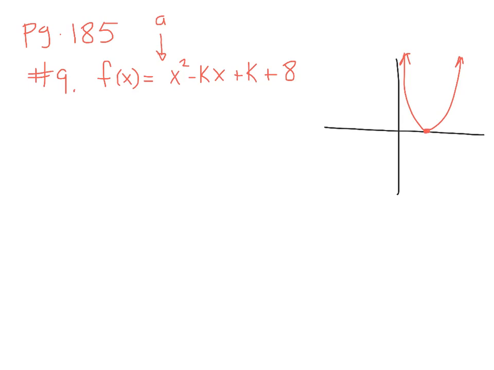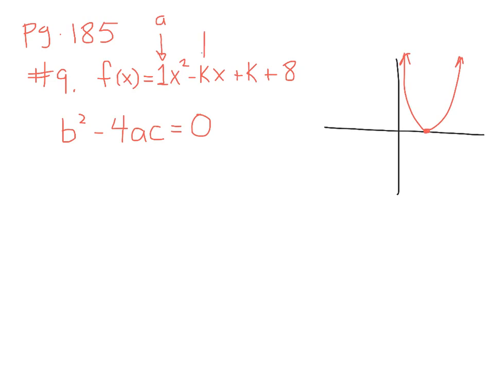So again, what are the possible values of k? Well, in order for the graph to only touch the x-axis once, we know that the discriminant has to be equal to 0. That will give us one solution. Be careful here. We know that my a value is 1.